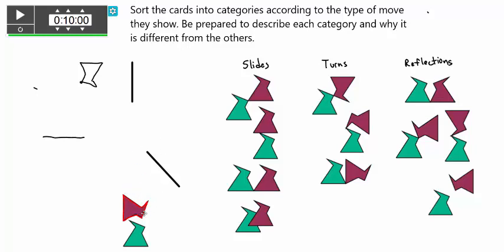So if I take this and I rotate it around a point right there, so I rotated it and then slid it. Which category do I put it into? I'm going to leave that one off in its own category for a minute.